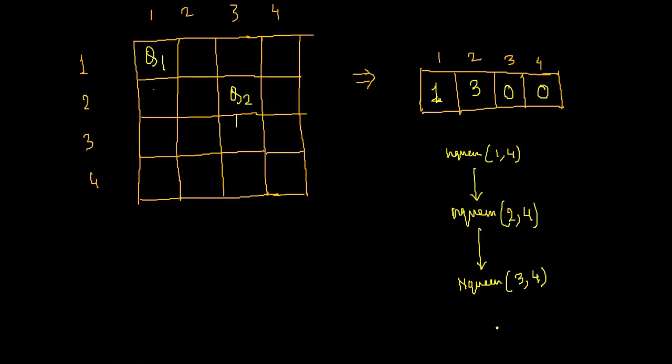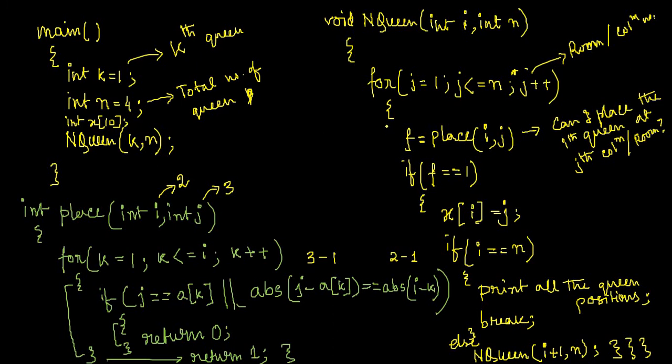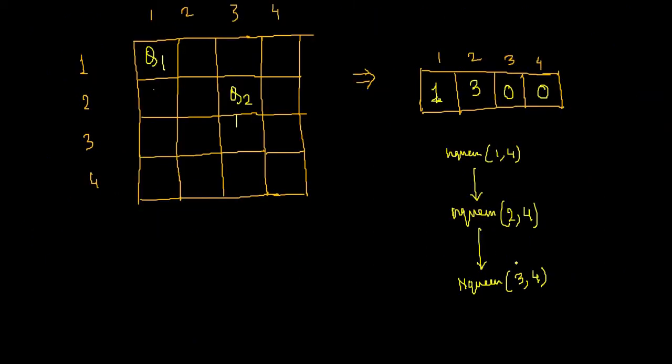The loop of n queen 3, 4 will break. And you see, I have nothing after this for loop. After this for loop bracket end, I have the bracket for the end of the function. There is nothing more than that. So when this loop breaks, the job of n queen 3, 4 is completed for the moment. The function has not found any position for queen 3.